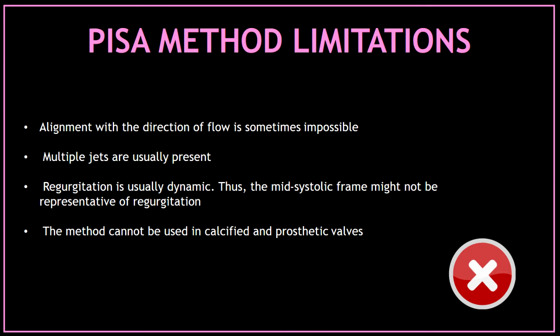Alignment with the direction of flow is sometimes impossible, and multiple jets are usually present. Also, regurgitation is usually dynamic, and the mid-systolic frame might not be representative of regurgitation. And the PISA method cannot be used in calcified and prosthetic valves.